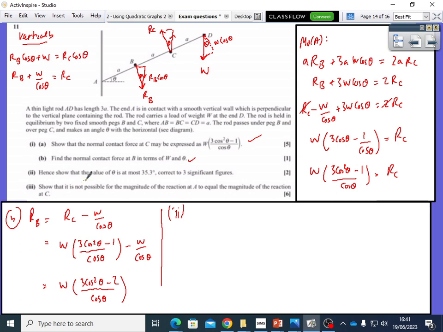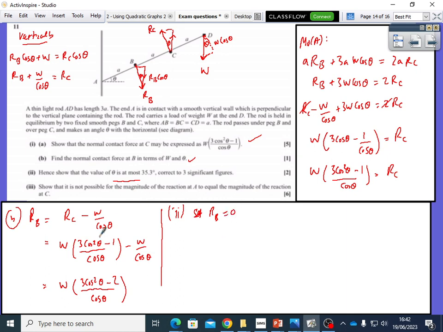Now, to have theta at its highest value, the rod will just touch the peg, so the reaction there is going to be absolutely 0. So RB is going to be just on the peg to make that the maximum. Otherwise, if there's more reaction there, that will make the angle slightly go in, makes the rod bend a bit in. So therefore, we set the highest RB to be 0.